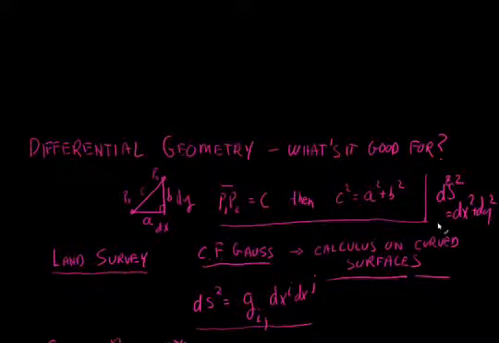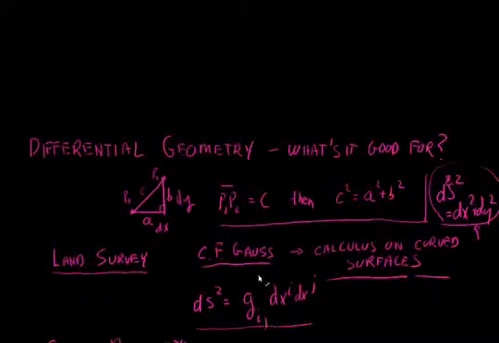And you use this in calculus to calculate the length of a curve in 2 dimensions, for instance. You can use this little differential formula here. If you have a bumpy surface, though, or a curved surface, this formula doesn't work. Instead you have to use a fancier version of it, where you multiply the differentials by a matrix Gij.